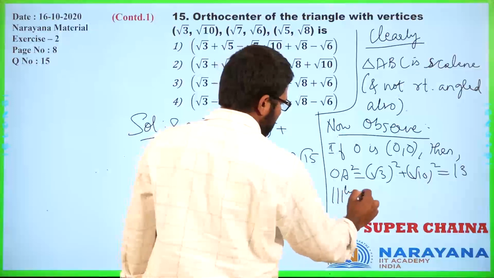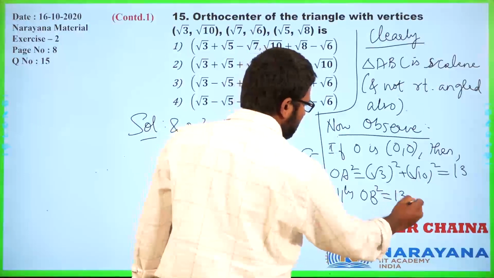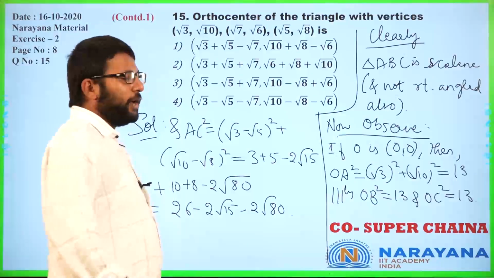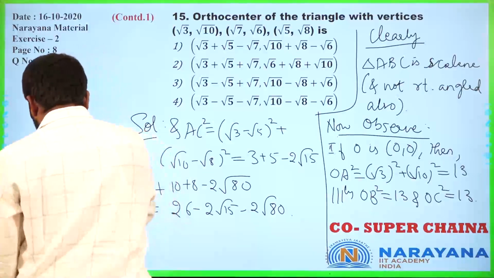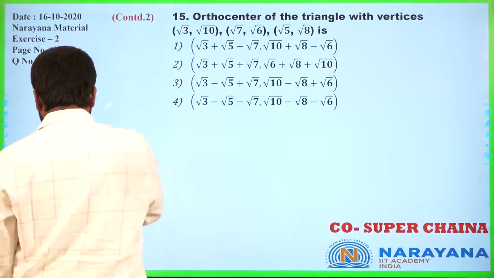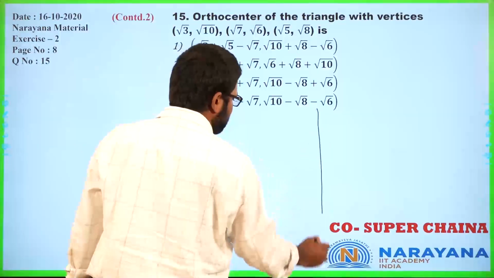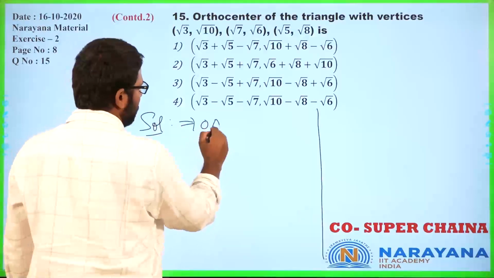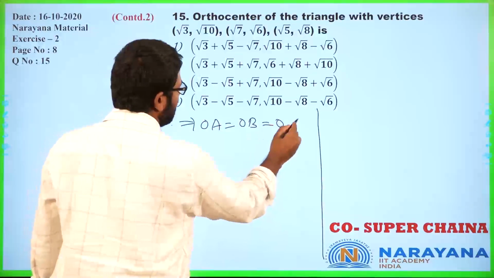Similarly, OB square is 13 and OC square is also 13. Now the sides may not be equal, but their distances from origin are all equal, right? Which means OA equal to OB equal to OC.